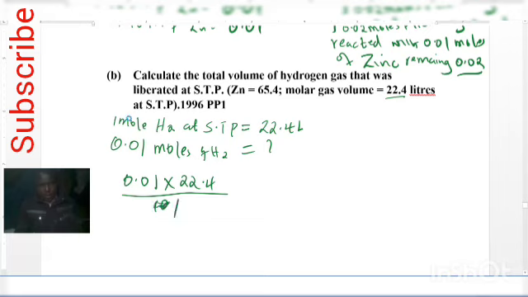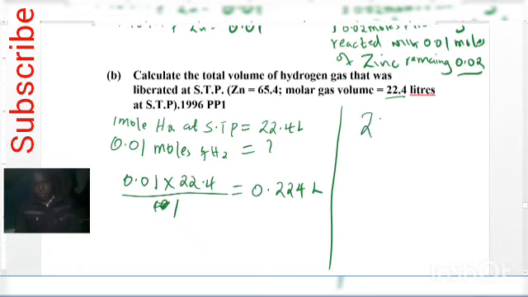This will give us 0.224 liters. You can convert these liters into centimeters cube, so you multiply times 1,000. That will be 224 centimeters cube.